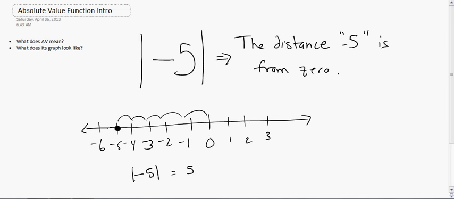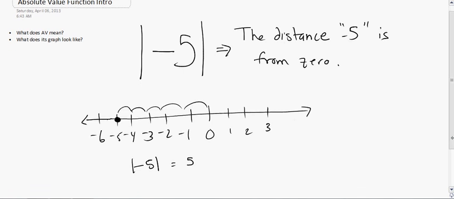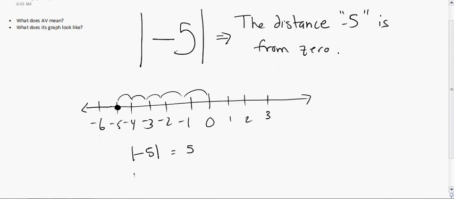5 steps away. We could do that with lots of numbers. Let's try the absolute value of -2. How far away is -2 from 0? Well, here's -2. It's 2 steps away. So the absolute value of -2 is 2 steps from 0. What about the absolute value of 3? How far is 3 from 0? Well, here's where 3 is located. Let's do that in a blue color.